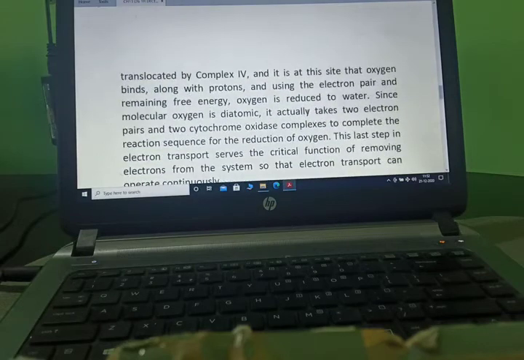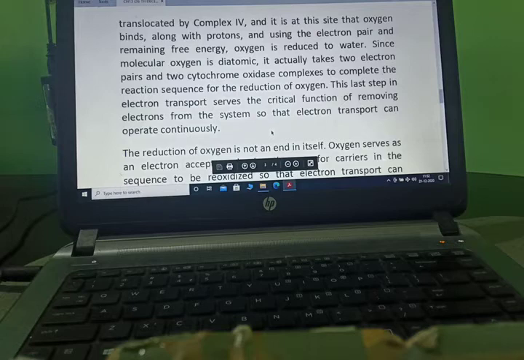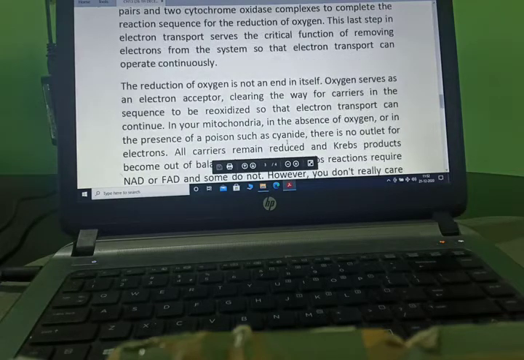More protons are translocated by complex 4, and it is at this site that oxygen binds along with protons, using the electron pair and the remaining free energy. Since molecular oxygen is diatomic, it actually takes 2 electron pairs and 2 cytochrome oxidase complexes to complete the reaction sequence for the reduction of oxygen.